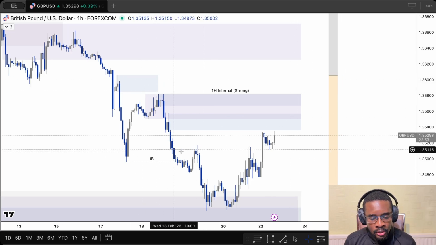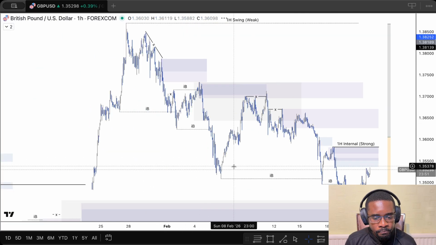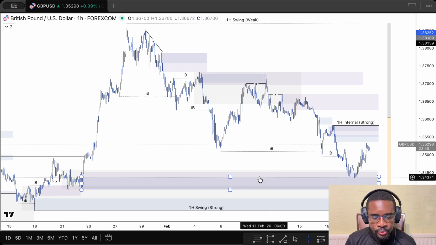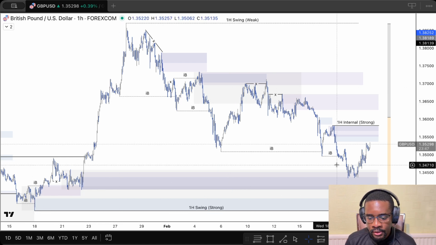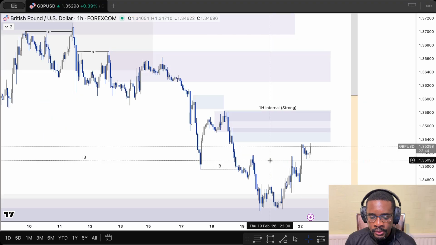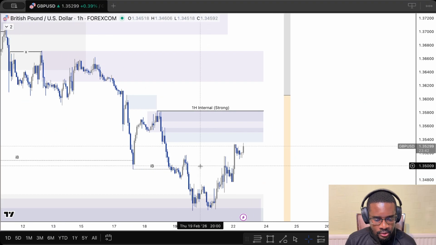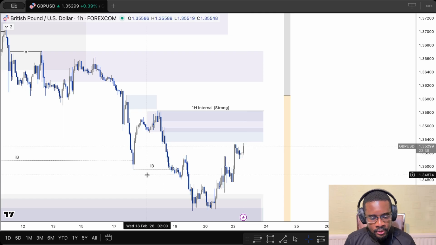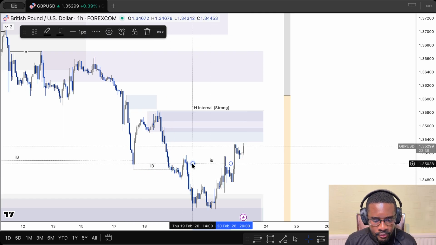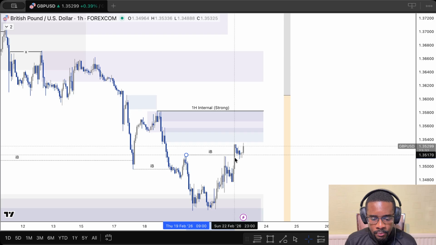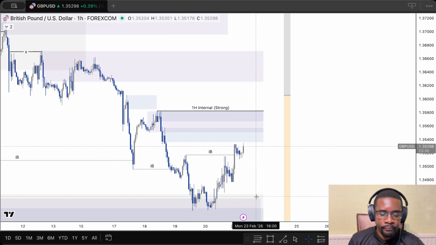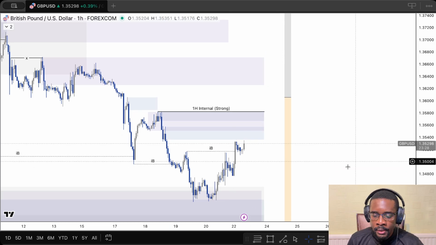So our 1 hour swing is still bullish, our internal is bearish, and our sub-internal is shifting bullish.